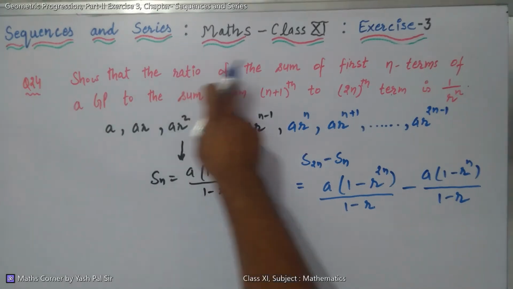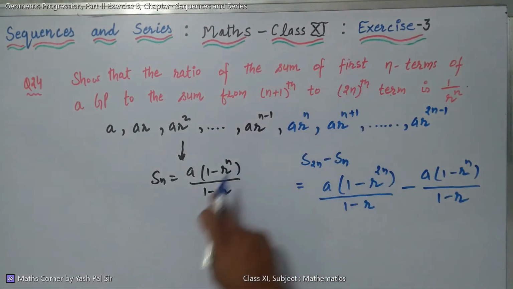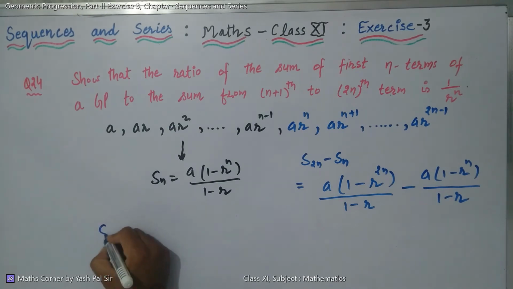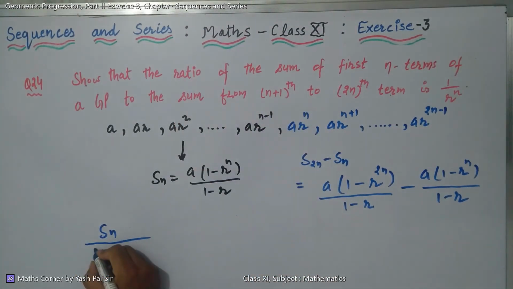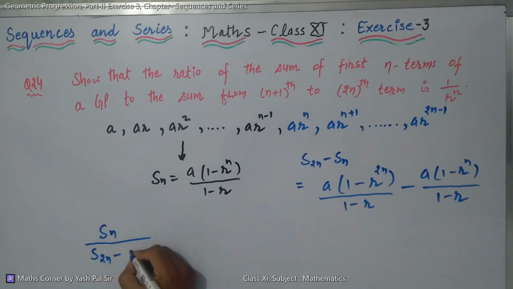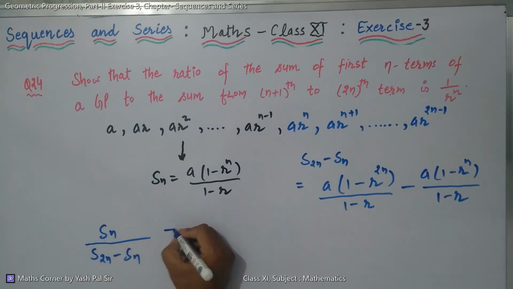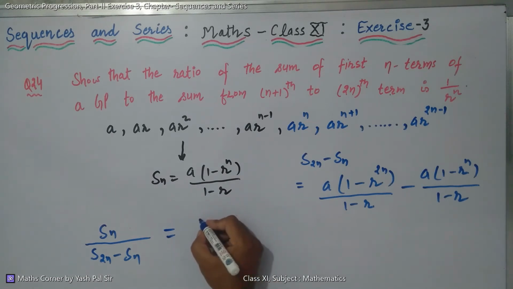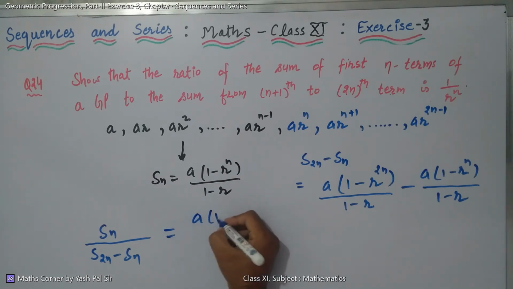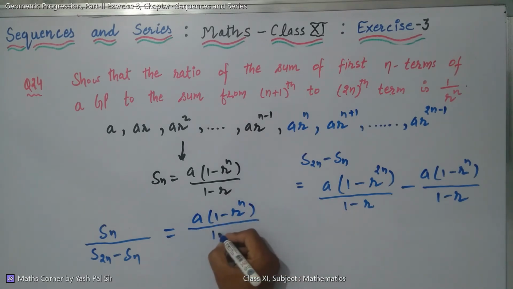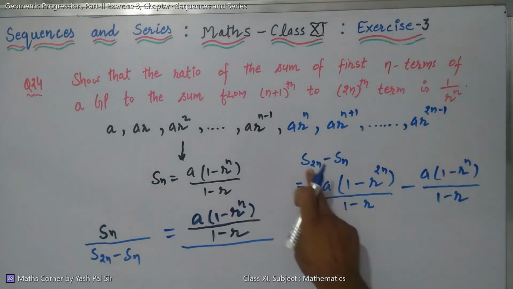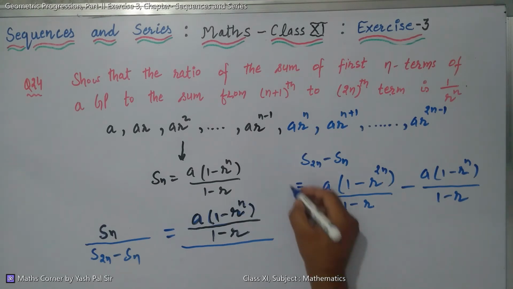Now what is our statement? Show that the ratio of the sum of first n terms, this ratio Sn divided by S2n minus Sn. What is the result? This is equal to A into 1 minus R raised to power n divided by 1 minus R, whole divided by this term. We can simplify this result here.